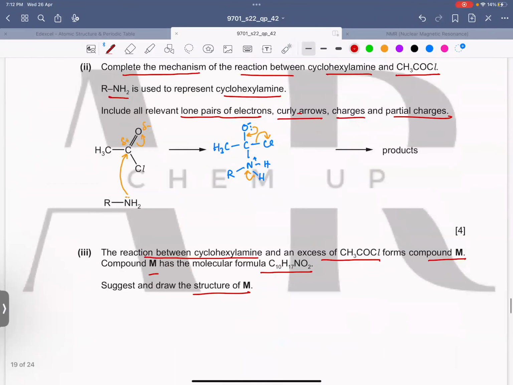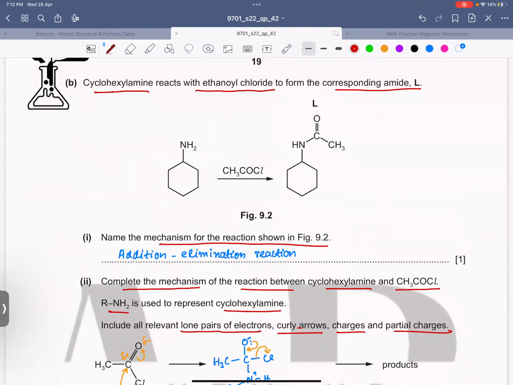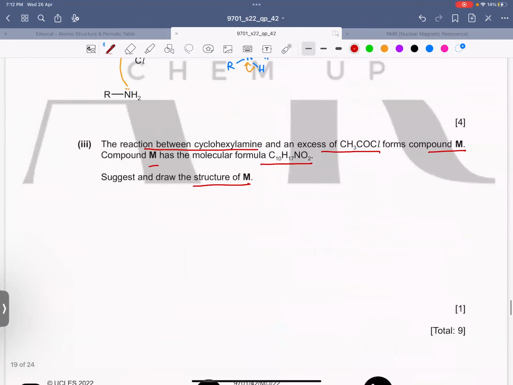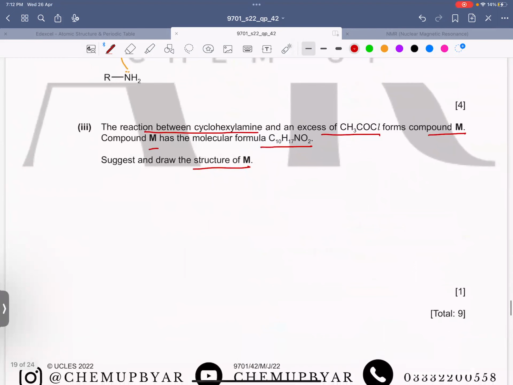When cyclohexylamine reacts with the acyl chloride, but when there is an excess of acyl chloride, okay, this is cyclohexylamine, right? What would happen when one acyl chloride comes?